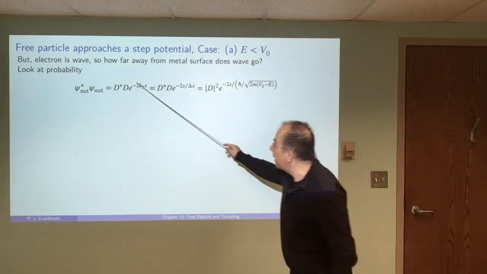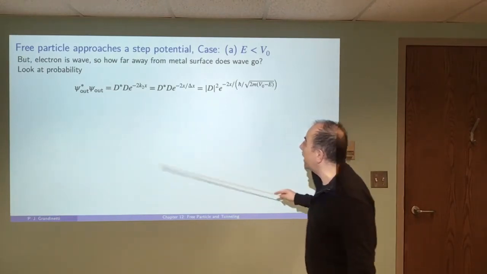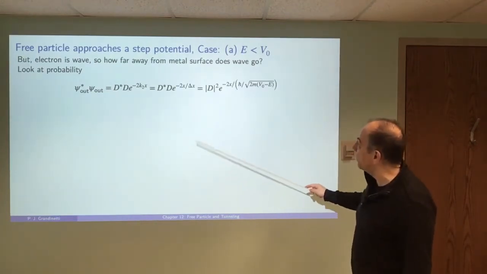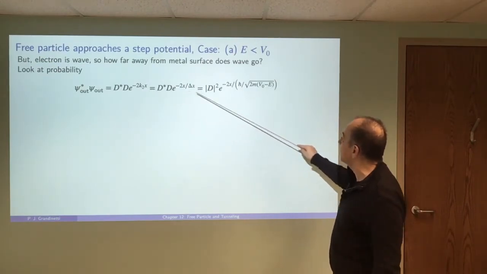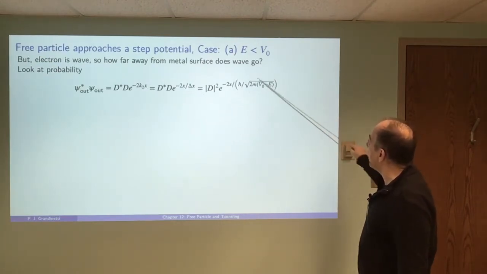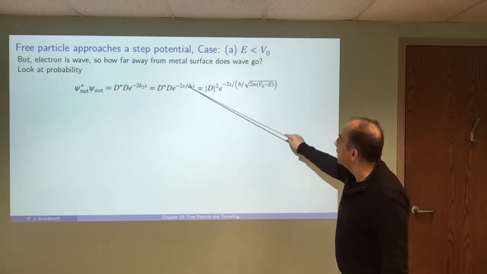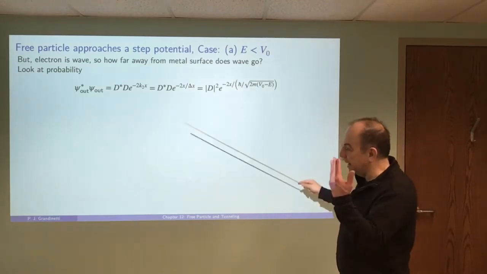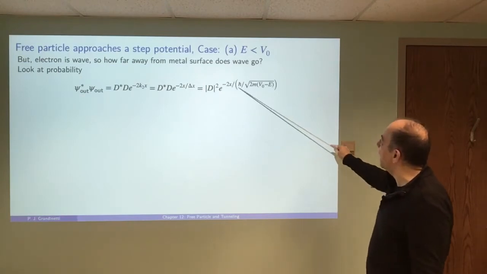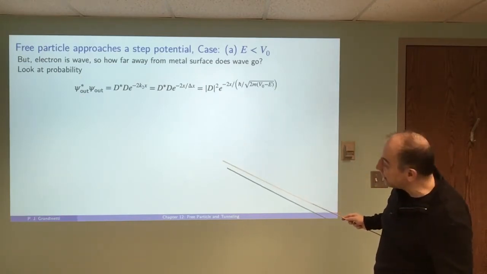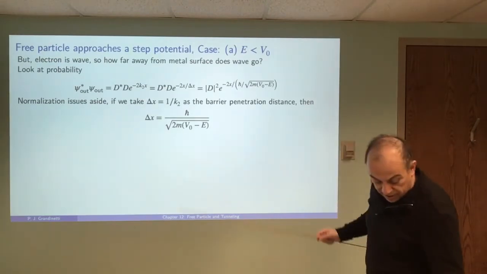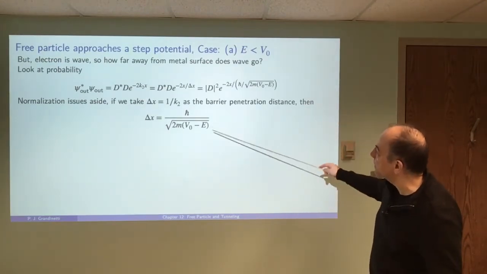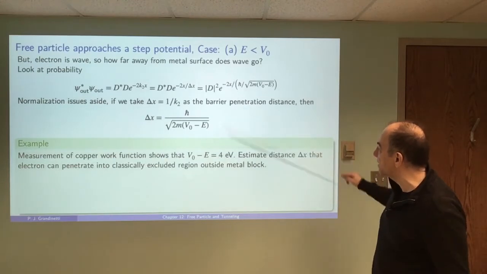We can take the wave function on the right and calculate its probability. If you multiply it by its complex conjugate, you get an expression like this, where I identify this decay constant, delta x, as this term right here. This is the decay constant for how fast it drops.